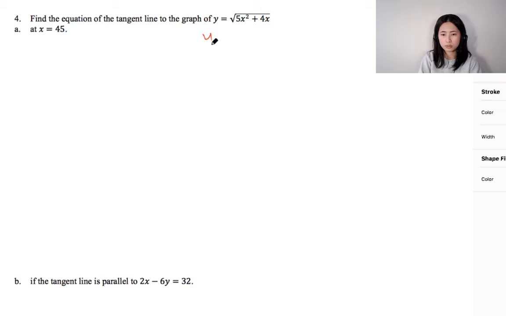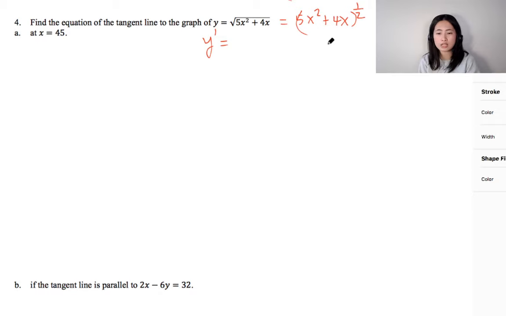Here we have the chain rule that we need to apply, because remember, this is a radical, so we know that this is actually (5x squared plus 4x) raised to the power of 1/2. That means we need to bring down the 1/2 and turn that into a coefficient. So that would be 1/2 times (5x squared plus 4x).